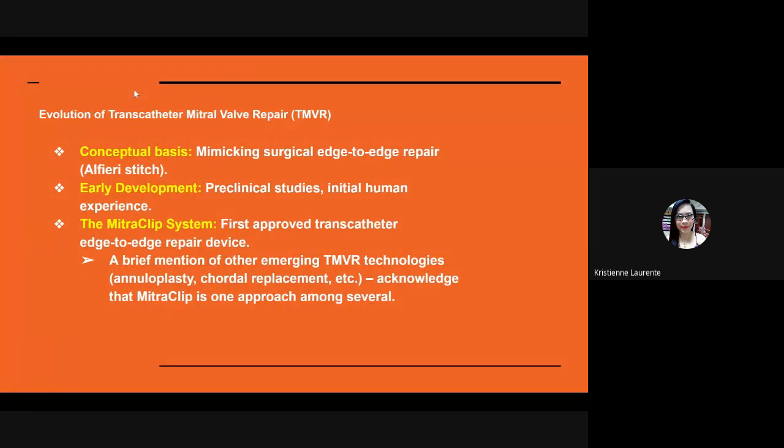So the evolution of transcatheter mitral valve repair. We have TAVI, TAVR, and now we also have transcatheter mitral valve repair. The conceptual basis is that it mimics the surgical edge-to-edge repair, with early development, preclinical studies, and initial experience in humans.